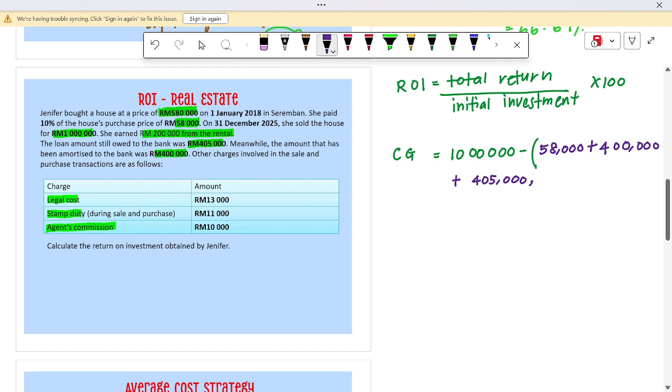Her legal costs 13,000. Her stamp duty 11,000, and the agent's commission 10,000. So this is all the money that she has spent on the property, on her house. So you have to take your selling price minus all the expenses. So this will be your capital gain plus your, okay, no need, let's just calculate the capital gain first. So for this, what will we get?